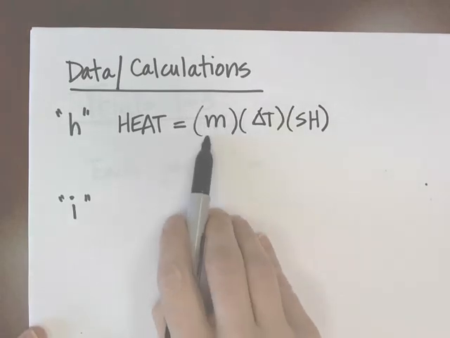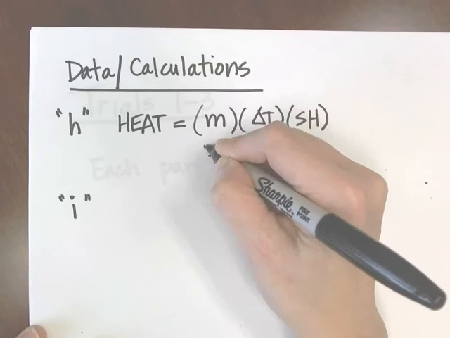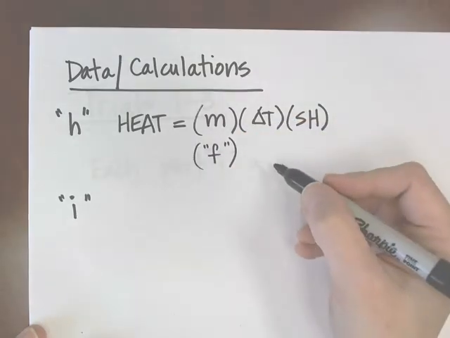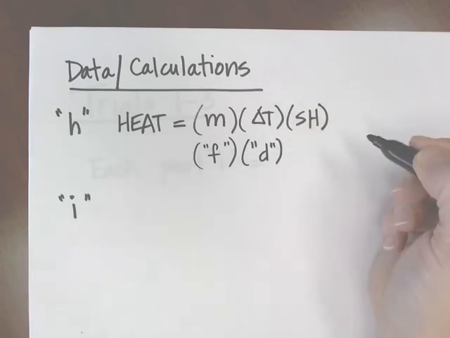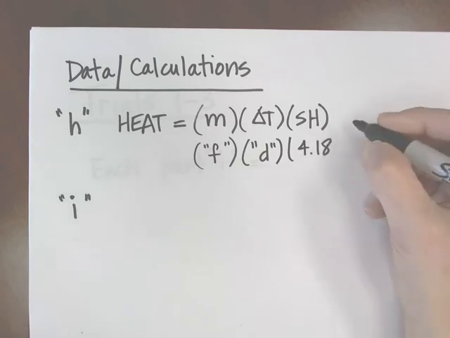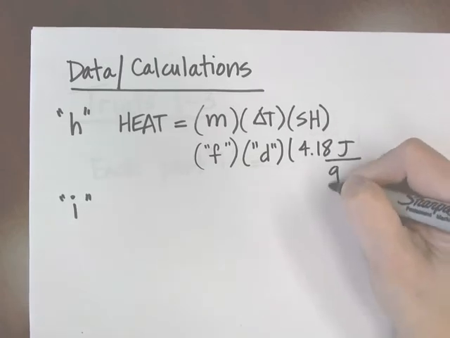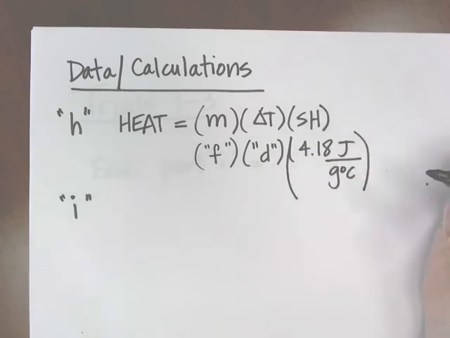M is specifically the mass of the contents in your calorimeter, which we just found in part F. Delta T is how much the temperature changed during the reaction, which we just found in part D. And then we multiply that by the specific heat of the substance that we're warming. And since the substance that we're warming is mostly the solution inside the calorimeter, we're going to be using the specific heat of water. This is very close to water's specific heat.